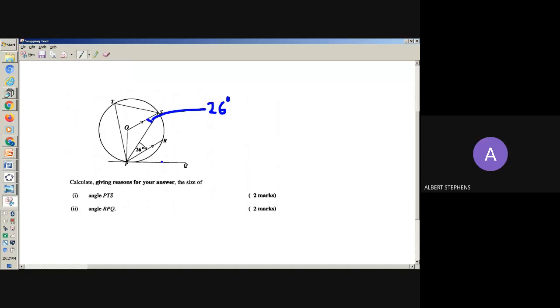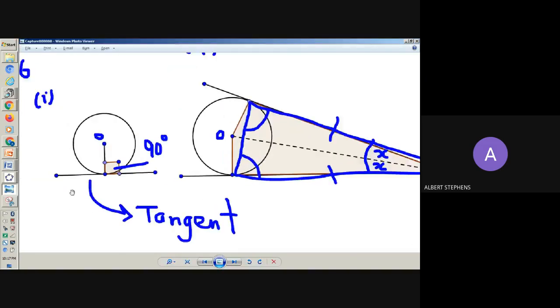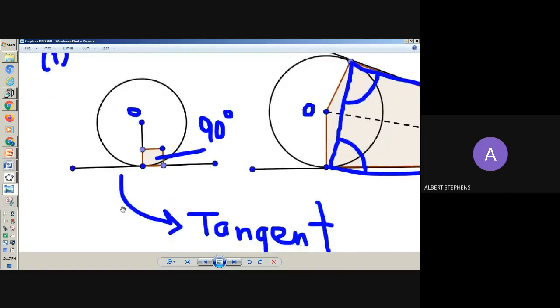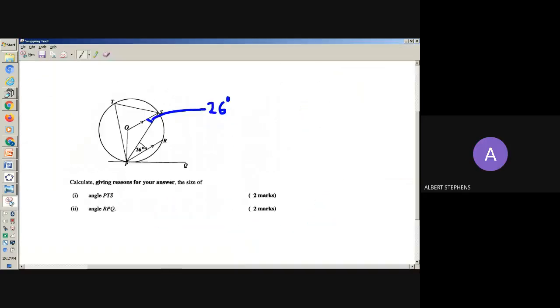Do you see this there? So basically, let me show you something. You see all of this? All of that is 90. You see that? That's 90.